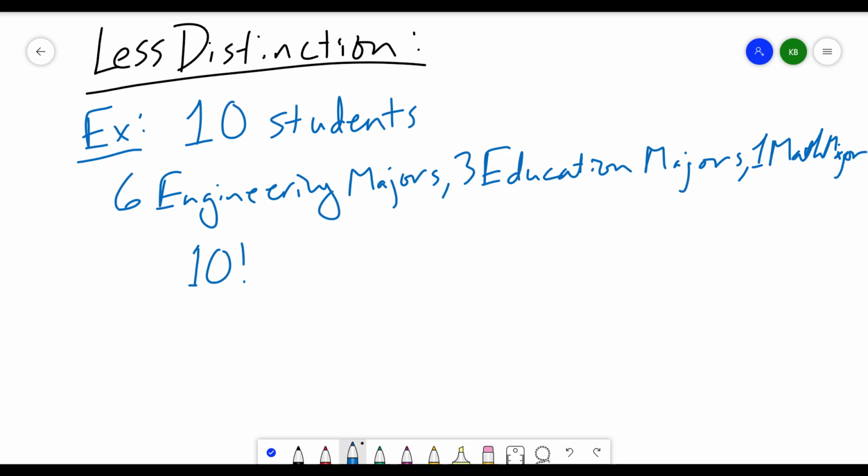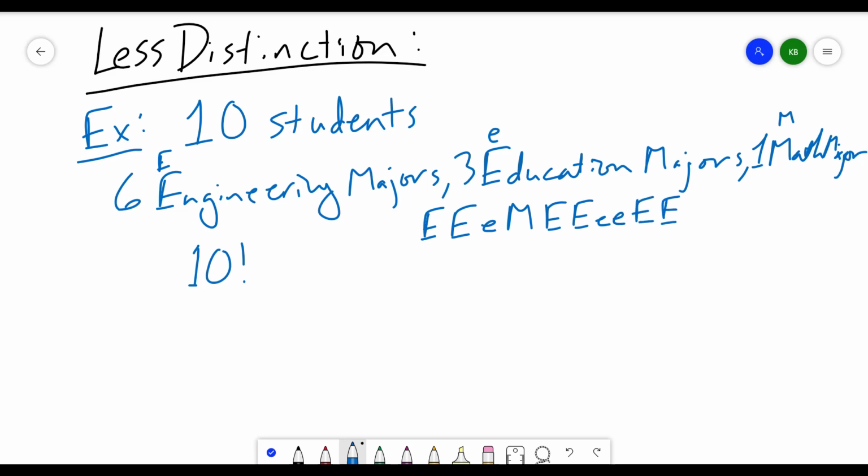So if I have an engineer, I'm going to use lowercase e for education. All right, so engineer, education, math, engineer, education, engineer.